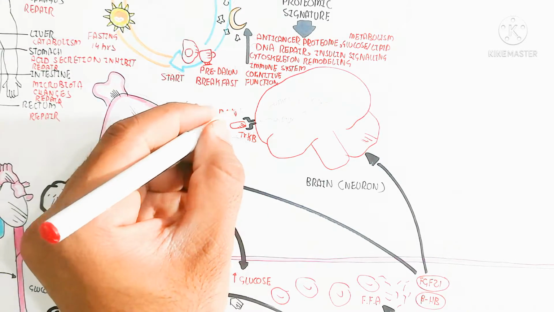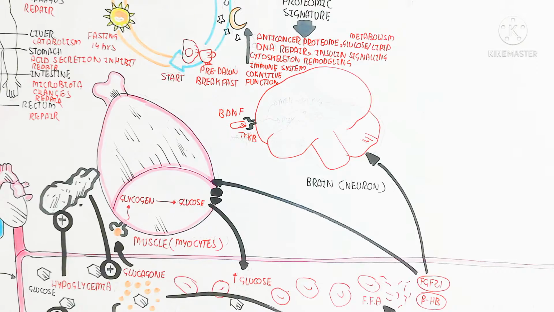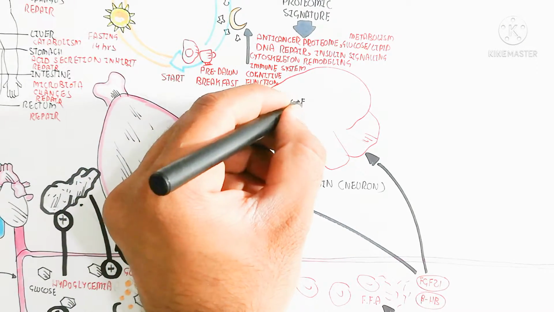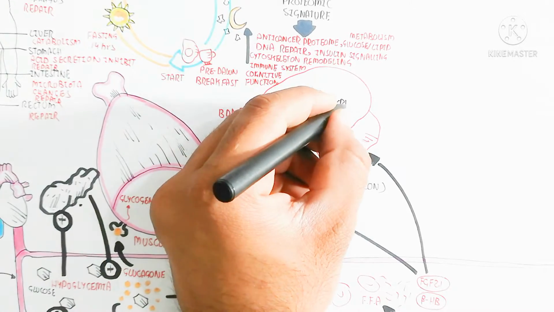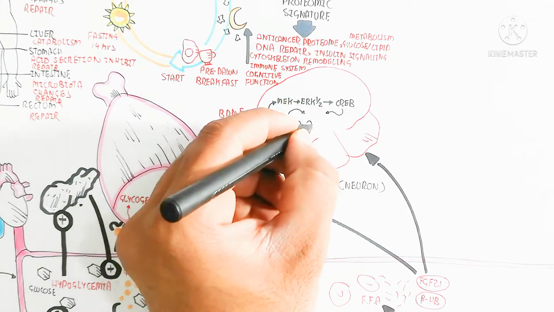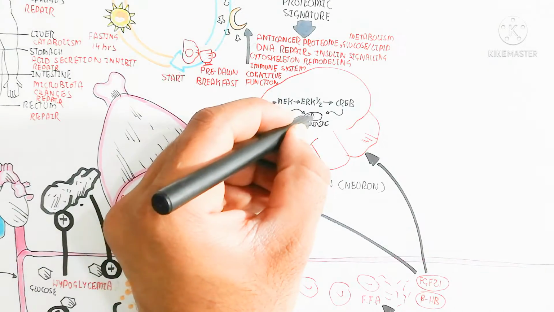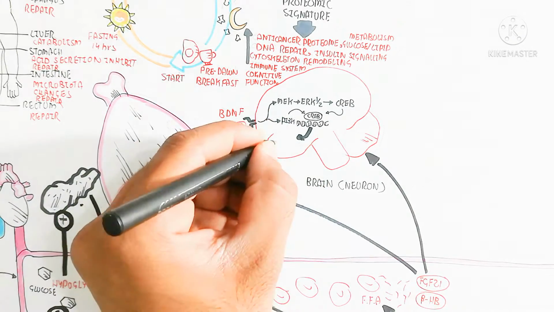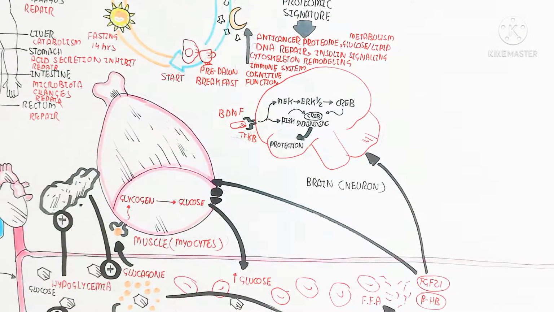So here the brain cell, which is the neuron, after the FGF21 factor goes into the brain, it enhances the brain. Fibroblast growth factor 21, known as FGF21, enhances BDNF in the brain.